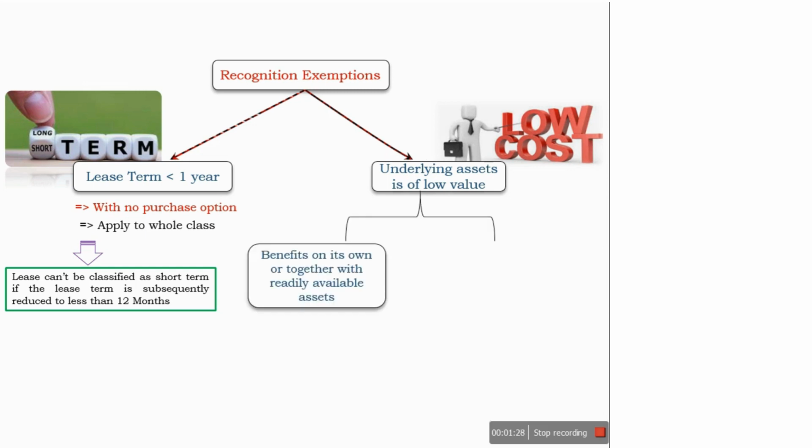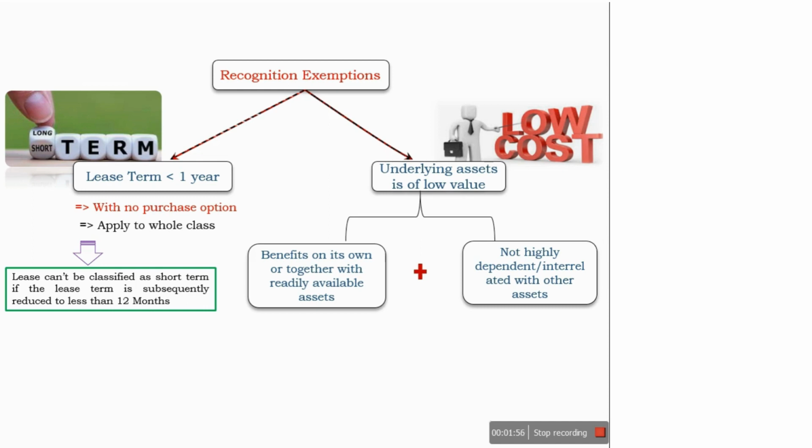These conditions are that the underlying asset should be able to provide benefits on its own or together with readily available assets. The second condition is that the asset should not be highly dependent on or interrelated with other assets. If both the conditions are satisfied and the asset is of low value, then we can opt for this recognition exemption.